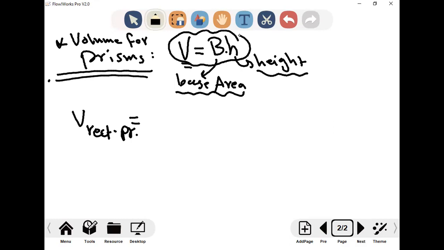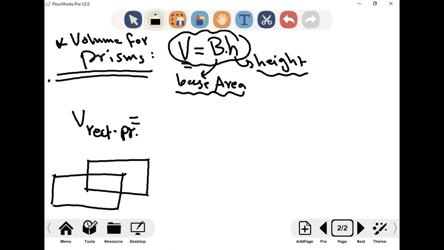So the rectangular prism, like the room, like the box, what's its base? A rectangle, right? The base of this room is a rectangle, and the rectangle has length and width. And this is the height of the whole prism. So what's the area of the rectangle?